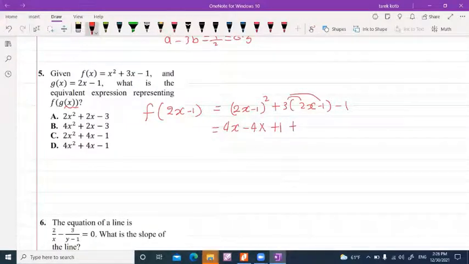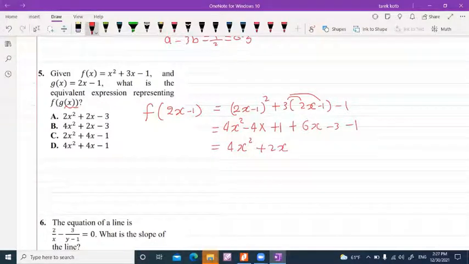And here, simplify by distributing the 3, it will be 6x, and 3 times negative 1 equals negative 3, and then keep the negative 1. Sorry, this is 4x squared. Keep the 4x squared. The negative 4x plus 6x equals 2x, and the 1 will cancel the negative 1, so it will be negative 3. Where is this answer? Number B.